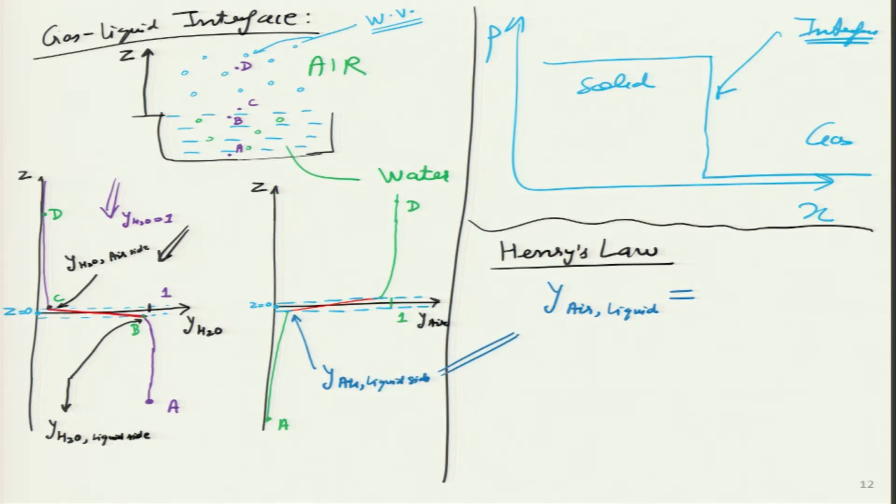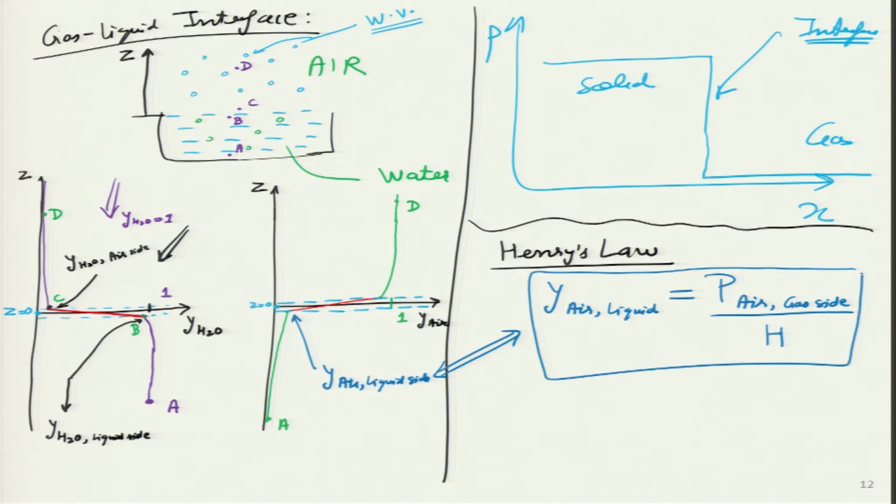Let us say we want to find out how much air is dissolved in this particular liquid. That is given by Henry's law, with the expression P air on the gas side divided by H, and the whole thing we have to calculate at the interface. This H is known as Henry's constant.